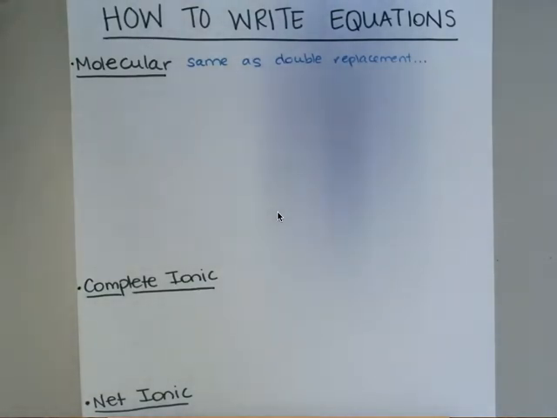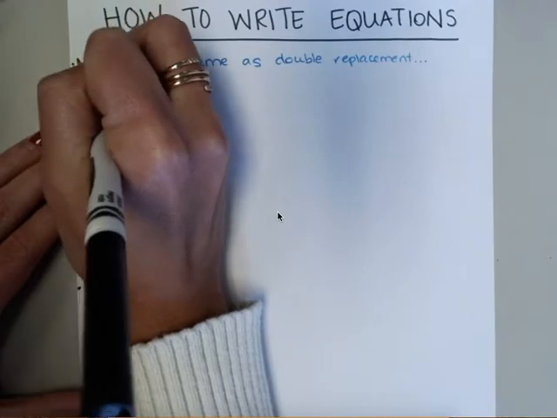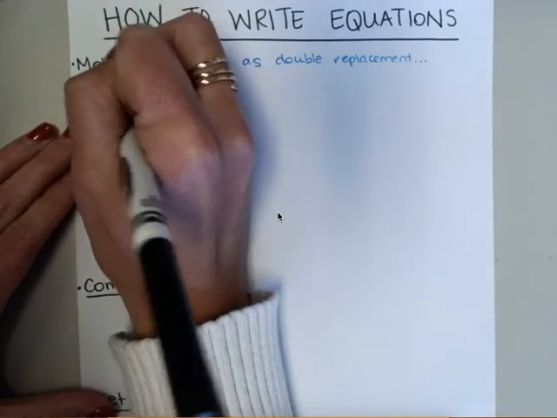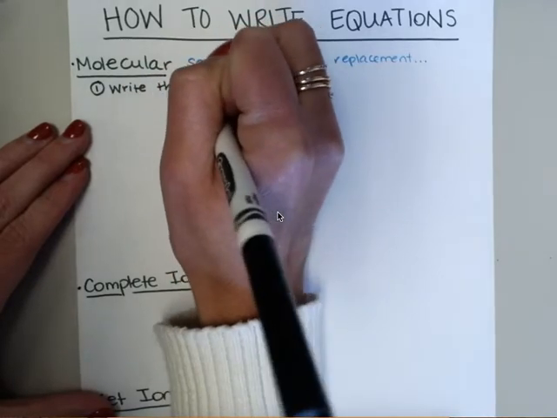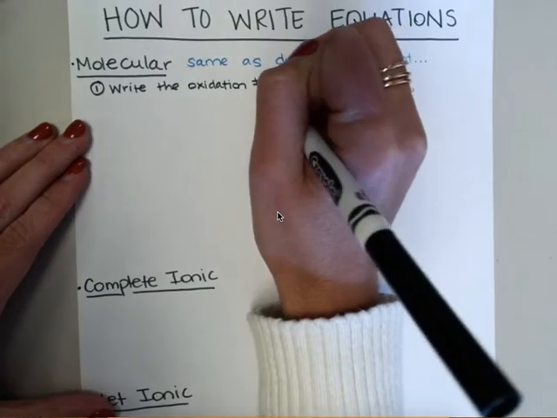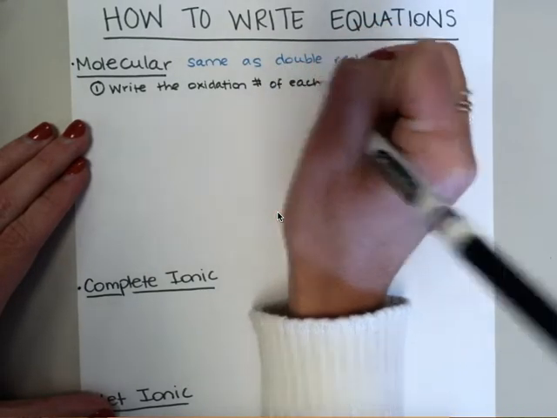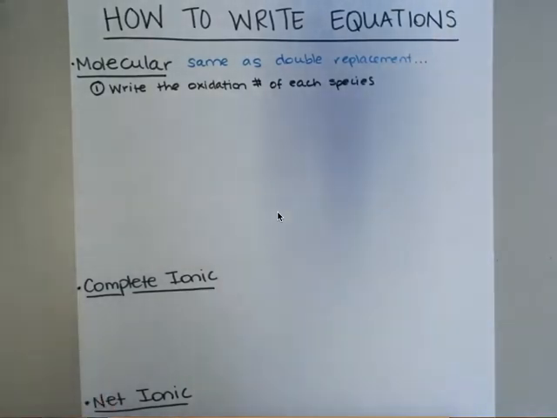When we write our molecular equations, step one, I think it's beneficial to write the oxidation numbers of each species at the top.